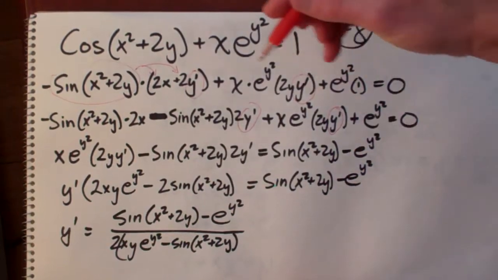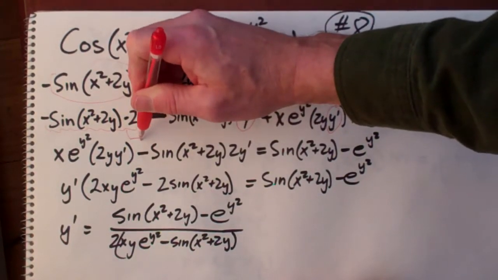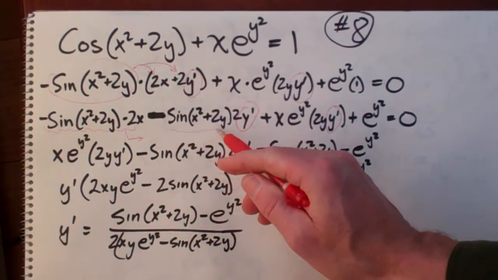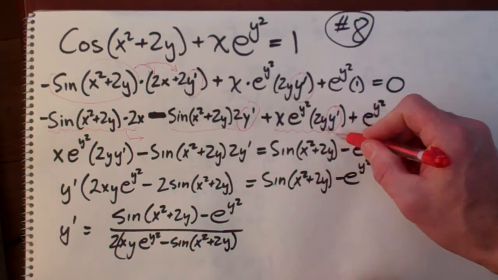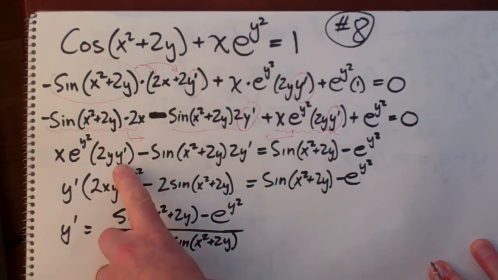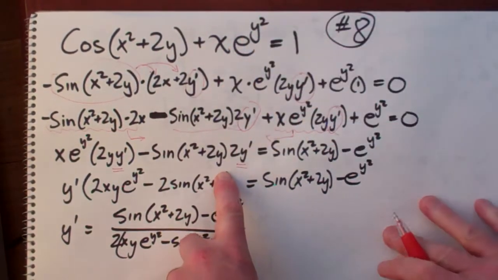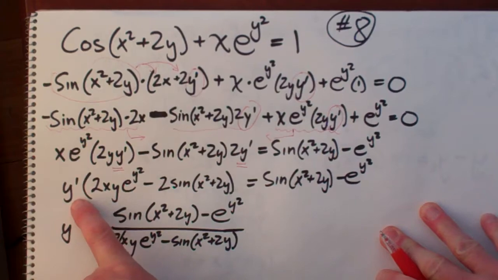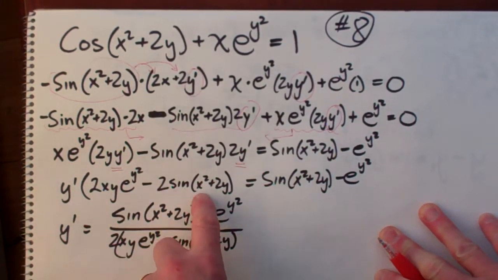So I've taken this whole piece here and moved it over to the right. I'm keeping this in the place it is, but then I'm taking this piece here and I'm moving it over to the left. When I do that, I get my y prime values there and there, and then I just put big brackets around and I factor it out, and you can see that I've rearranged things only slightly.